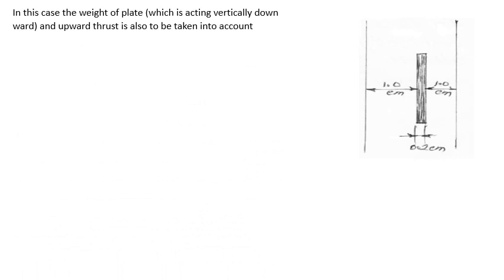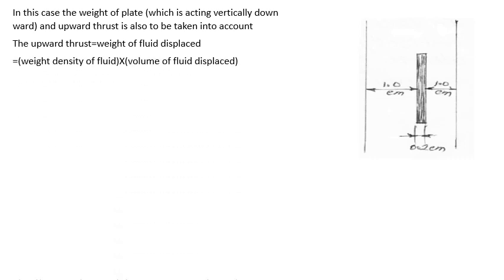In this case, the weight of the plate acts in the vertically downward direction, and the upward thrust is also taken into account. The upward thrust is equal to the weight of the fluid displaced, which is equal to the weight density of the fluid into the volume of the fluid displaced.